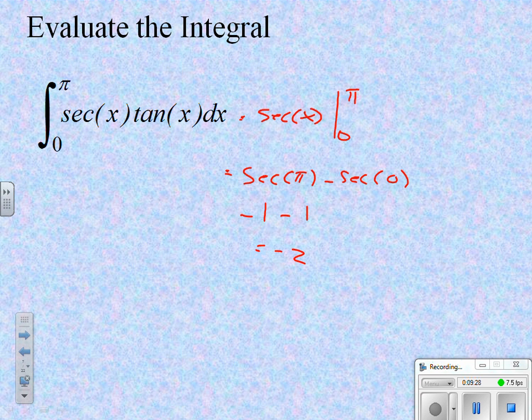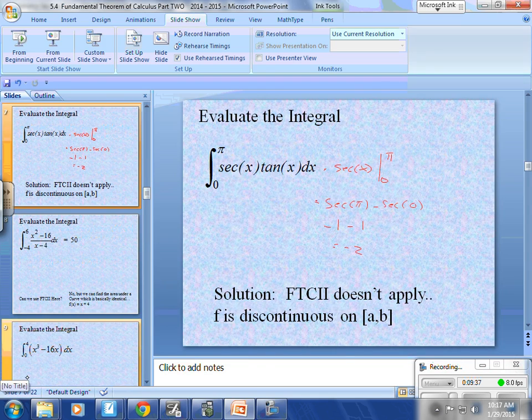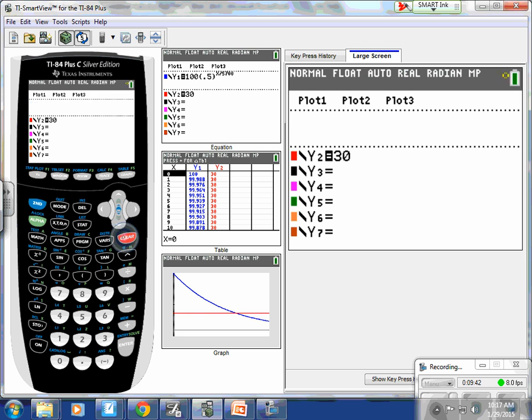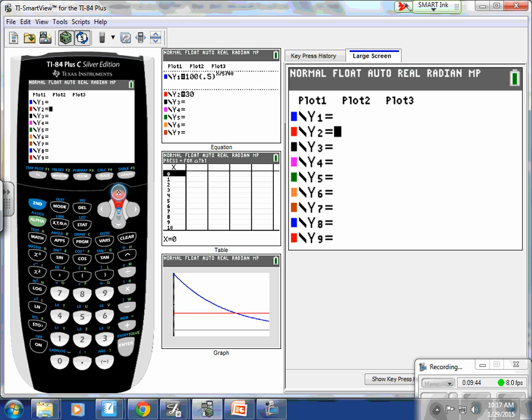And then, because I'm in the habit, I want to check this on my calculator. Let's check it on the calculator. Y equals, so it's tangent of x times secant, which would be the same as divided by cosine. And let's go back.